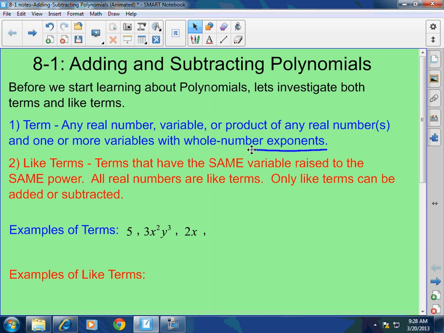That is a term because it is the product of a number and a variable. 4xw. That is a term because it is the product of a number 4 and two variables x and w, and they have whole number exponents. If you don't see the exponents, remember those are invisible, guys.